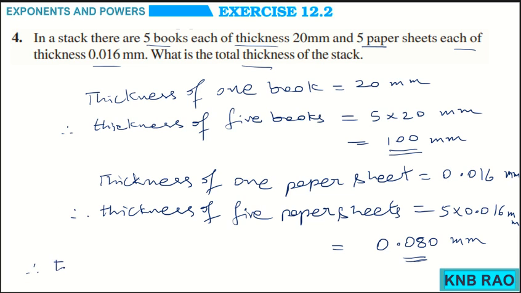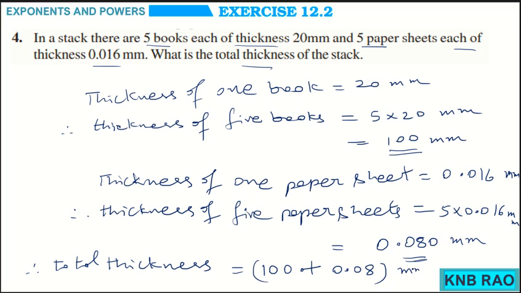Therefore, total thickness. So total thickness will be 100 plus 0.08 millimeter. That means it is 100.08 millimeter, but it is not in standard form.